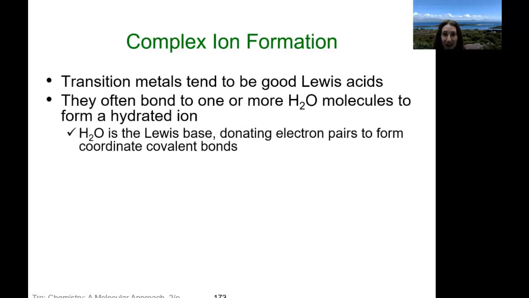Remember when we talk about Lewis acids and Lewis bases, electron pair acceptors and donors. Transition metals are usually pretty good Lewis acids, and they often bond to water molecules to form a hydrated ion. Water is a pretty good Lewis base. It donates the electron pairs to form the bonds that we're talking about.